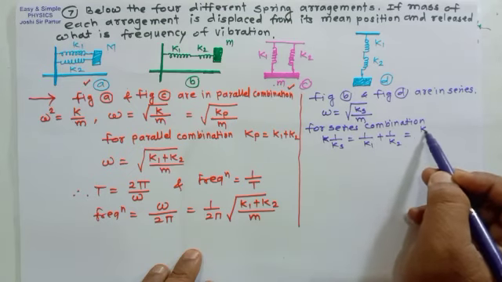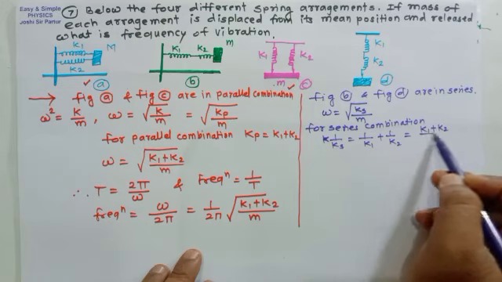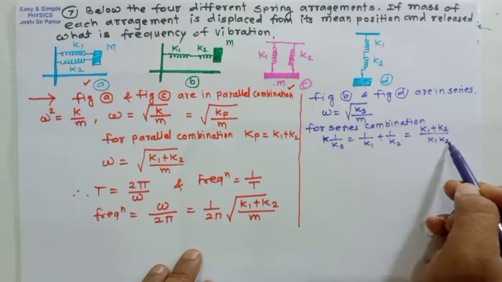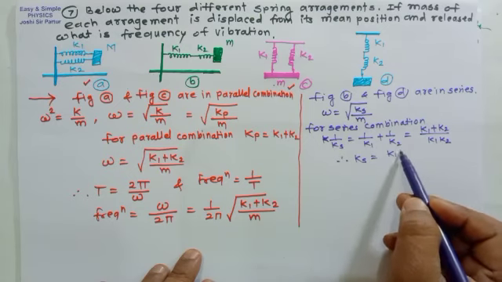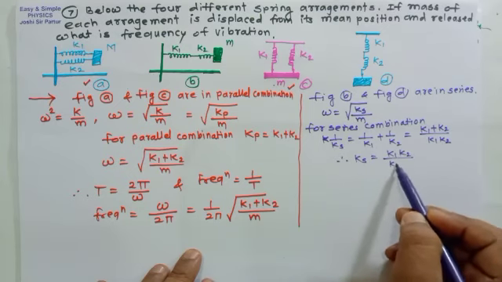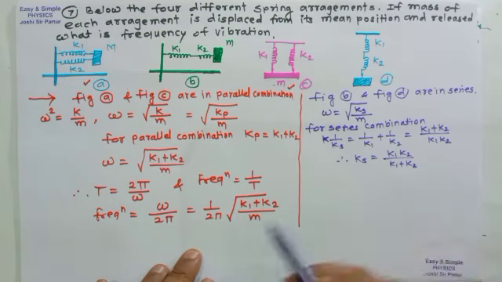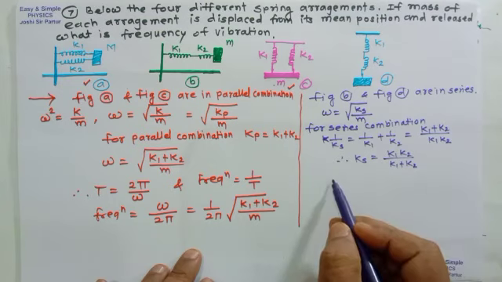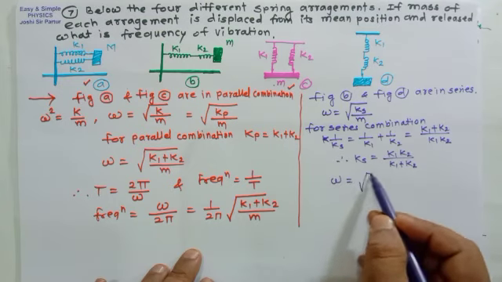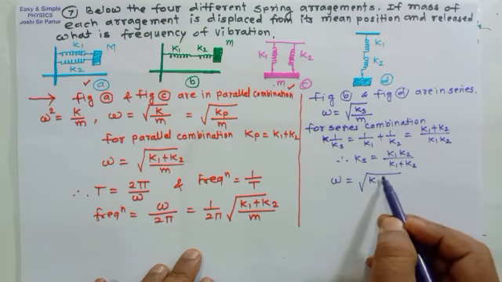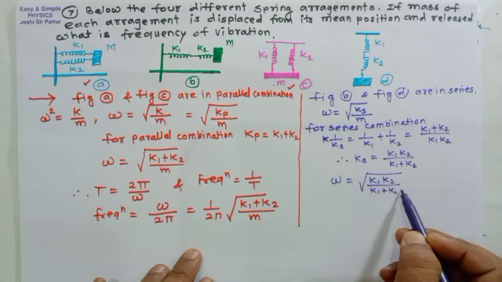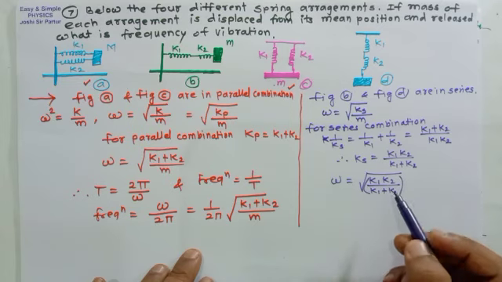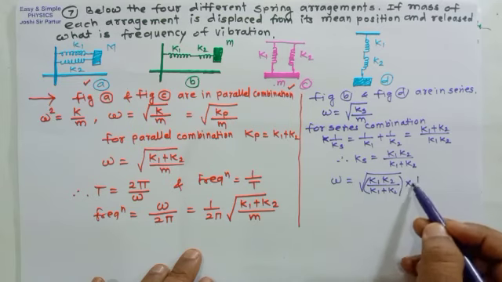It will be K1 plus K2 upon K1 K2, and therefore Ks is equal to K1 K2 upon K1 plus K2. If we substitute, so omega becomes K1 K2 upon K1 plus K2 into 1 upon M.